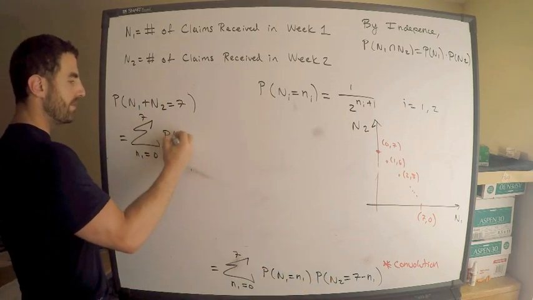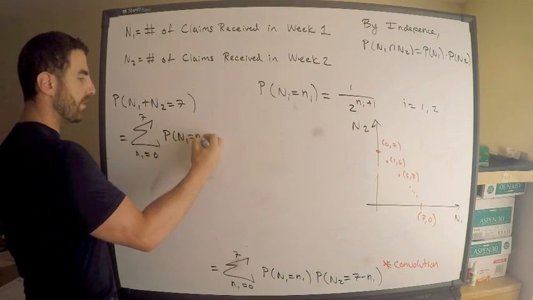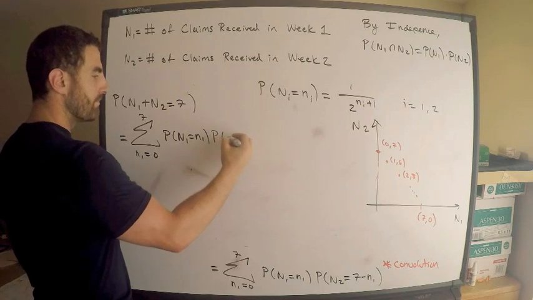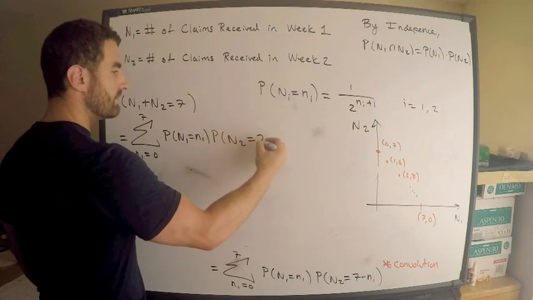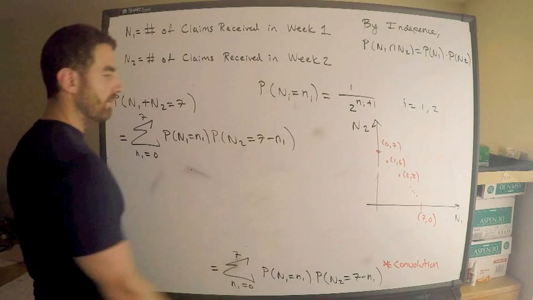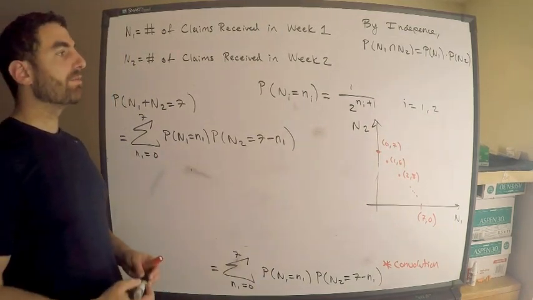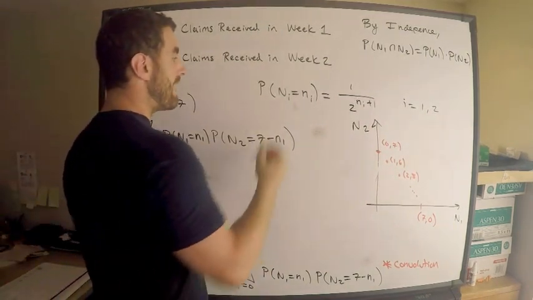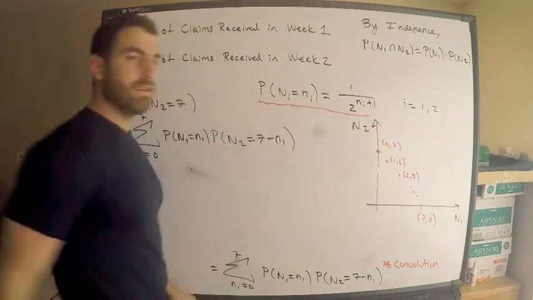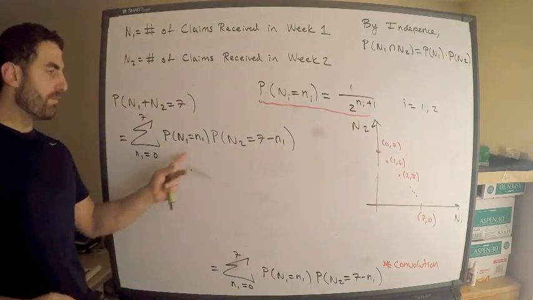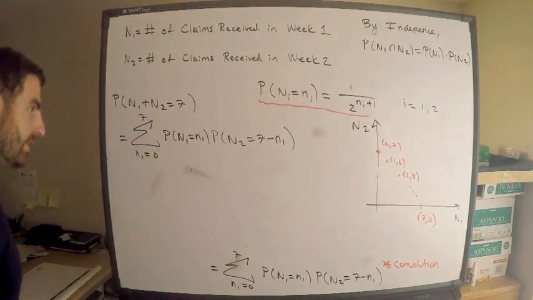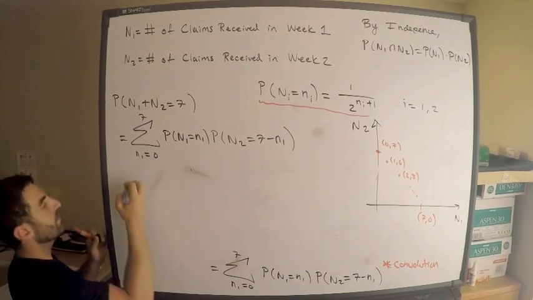So this is probability n1 equals n1, probability n2 equals 7 minus n1. Let's just make a substitution into our mass function here. We can utilize this mass function for both of these expressions right here. So this gives me now the following.